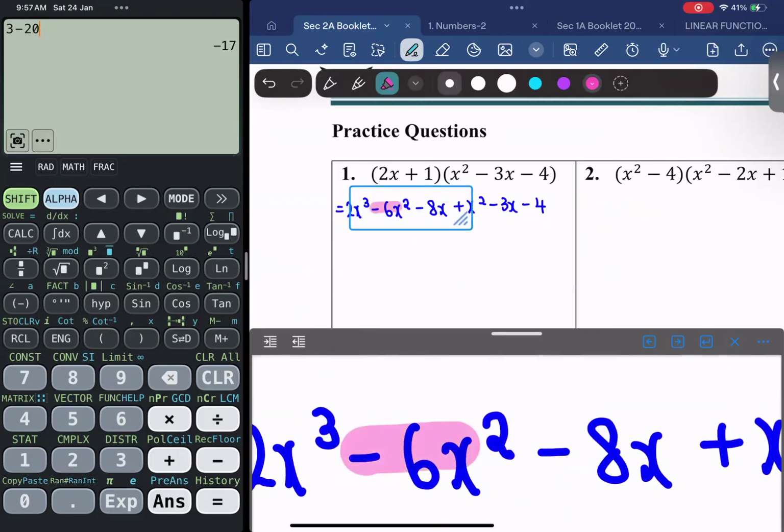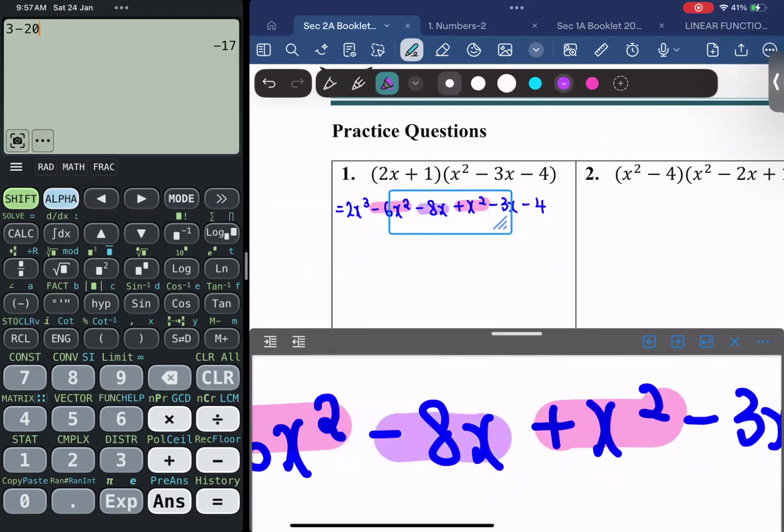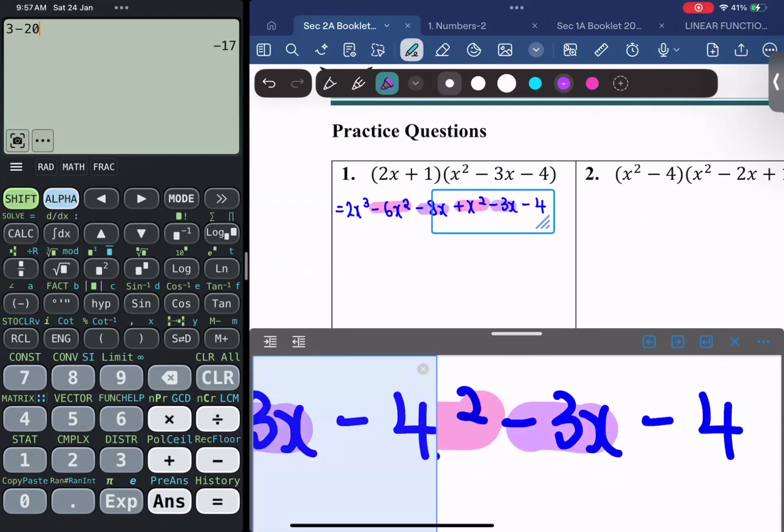Check: x squared, x squared, negative 8x, negative 3x.